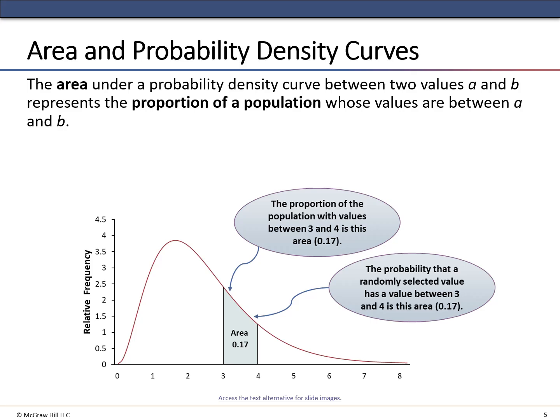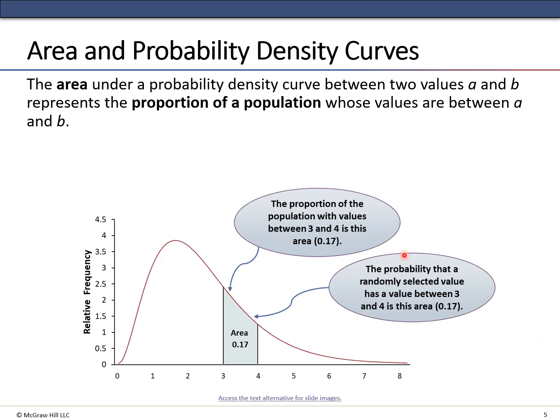The area under a probability density curve between two values A and B, in this example between 3 and 4, represents the proportion of a population whose values are between A and B. Again, you can see that the shaded area, the proportion of the population with values between 3 and 4, is equal to the area, which in this case is 0.17. You could also think of this as 17% of the respondents having a data point that is between 3 and 4, depending upon what this is.